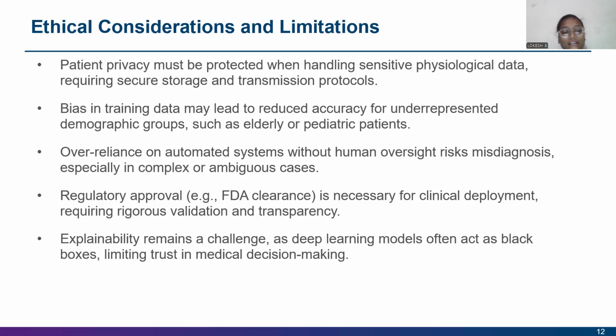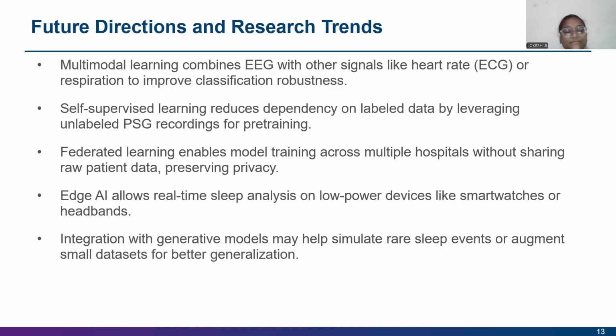Regulatory approval is necessary for clinical deployment, requiring rigorous validation and transparency. Explainability remains a challenge, as deep learning models often act as black boxes, limiting trust in medical decision making. These are the limitations.